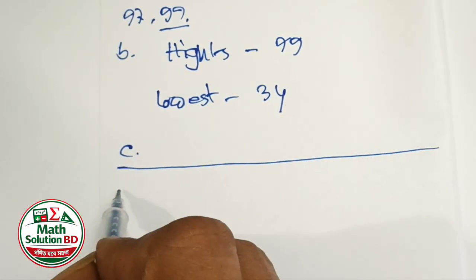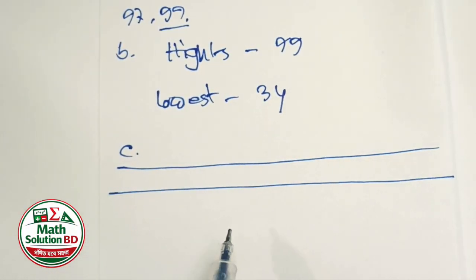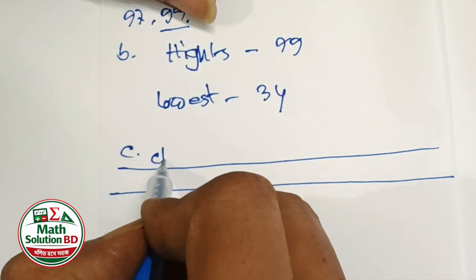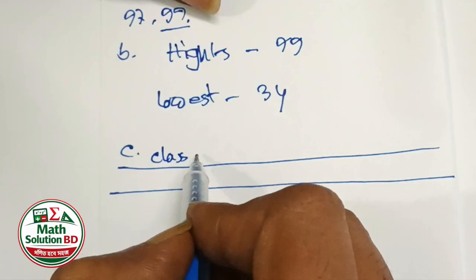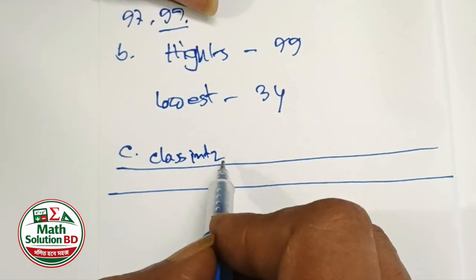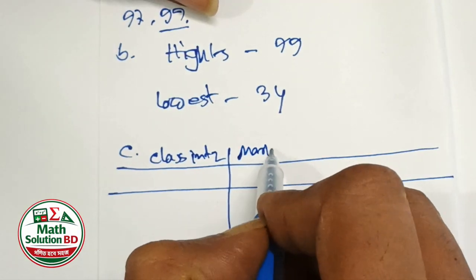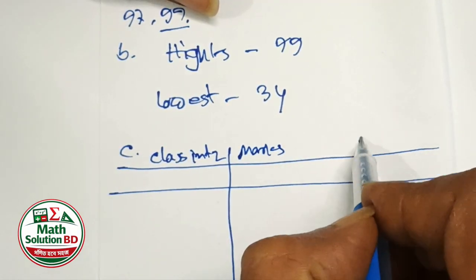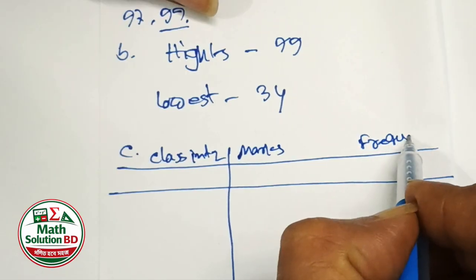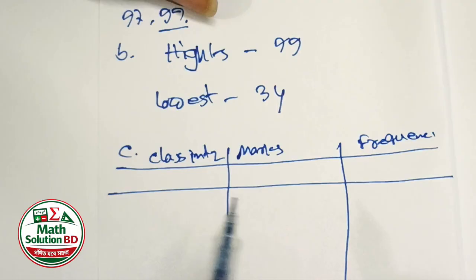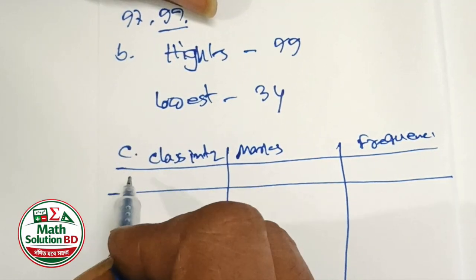Okay, we make a table: class interval, marks and frequency.